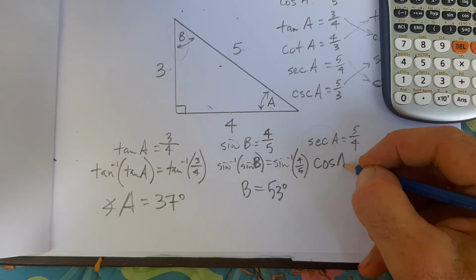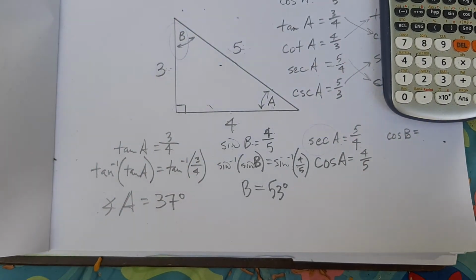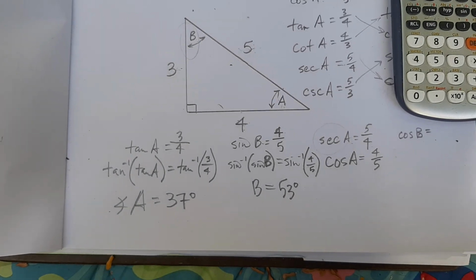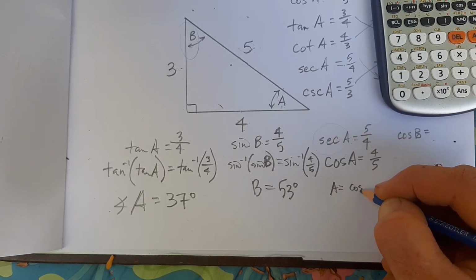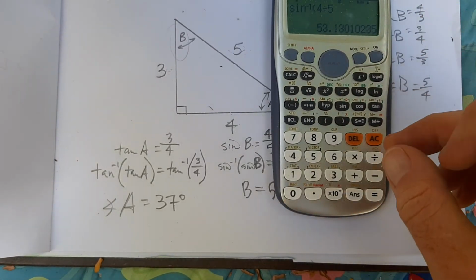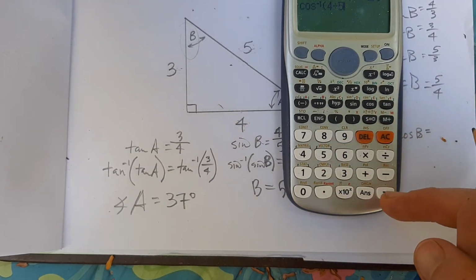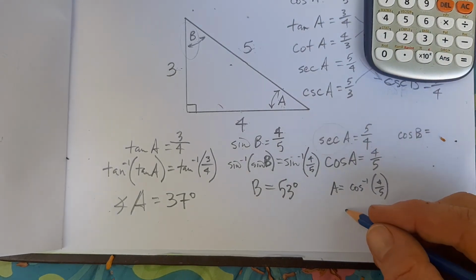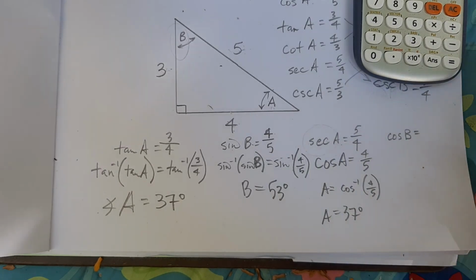So the cosine of A is 4/5. If you're stuck using cotangent, secant, or cosecant, use their inverse. That way you can find the exact answer on your calculator. So A equals cosine inverse of 4/5. Shift, cosine inverse, 4 divided by 5 equals 37 degrees again. A equals 37 degrees. Just checking that all this works.